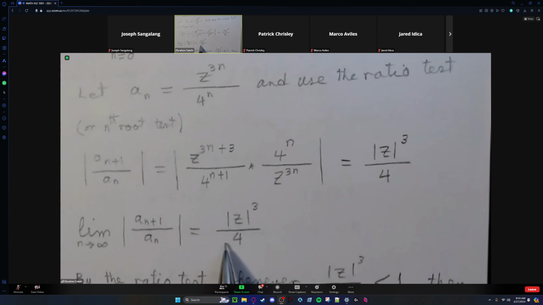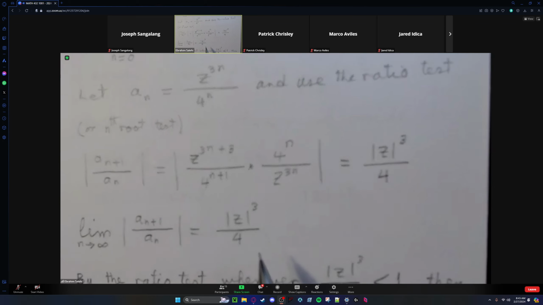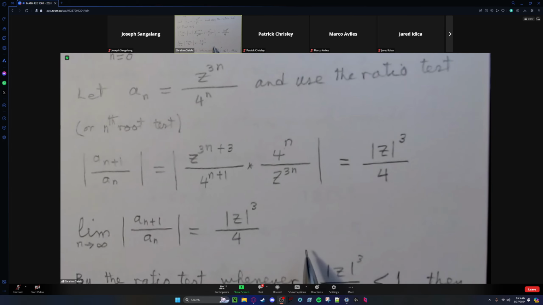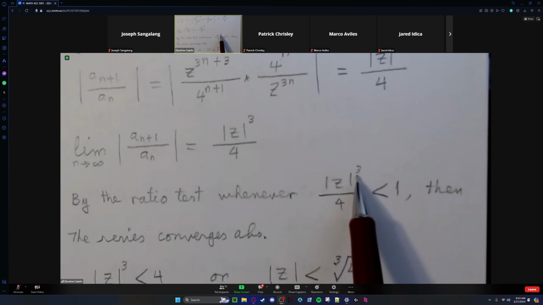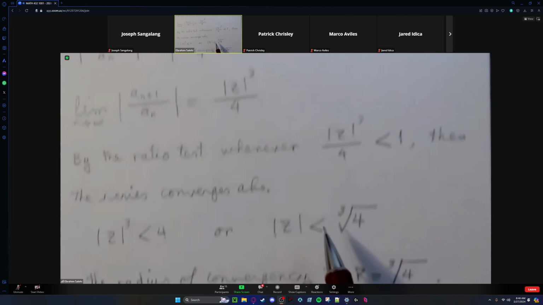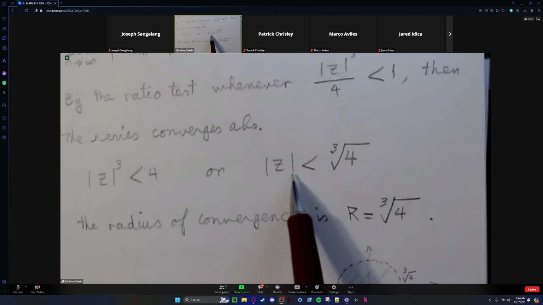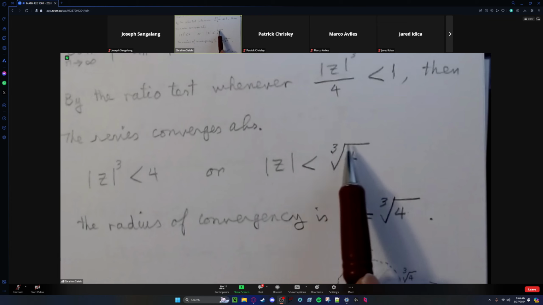This is the L. If this is less than 1, this series converges absolutely. But what is the interpretation of this being less than 1? You multiply by 4 and take the third root, which means the modulus of z has to be less than this number.